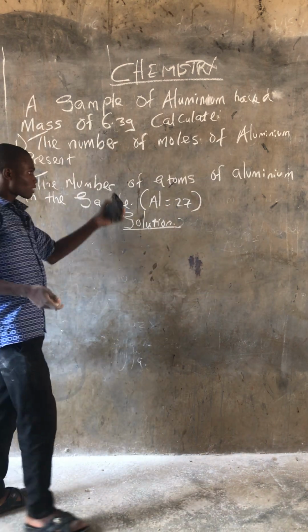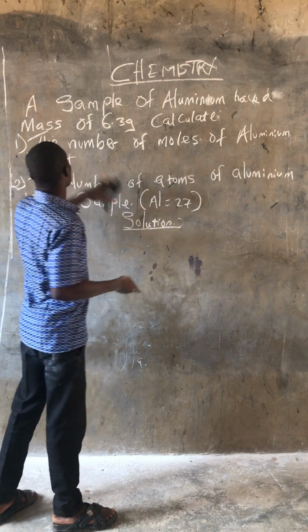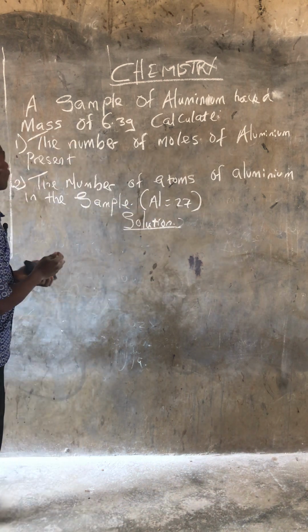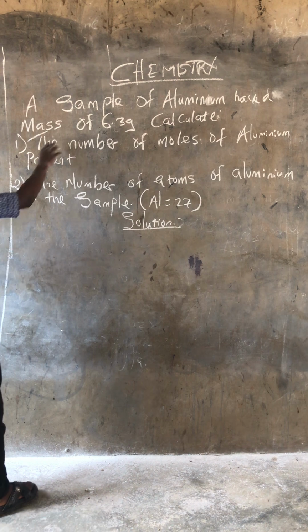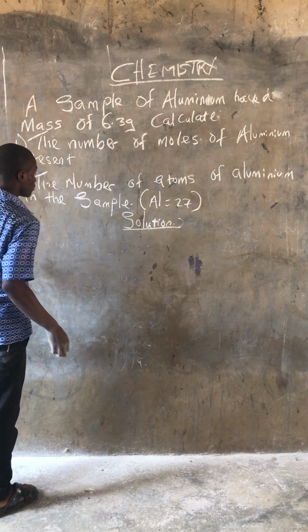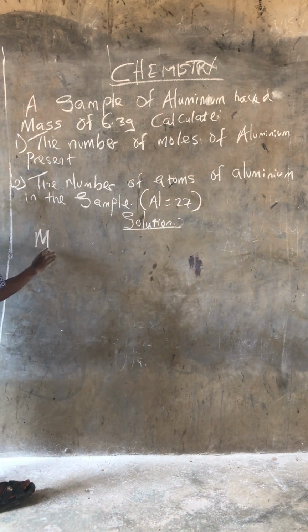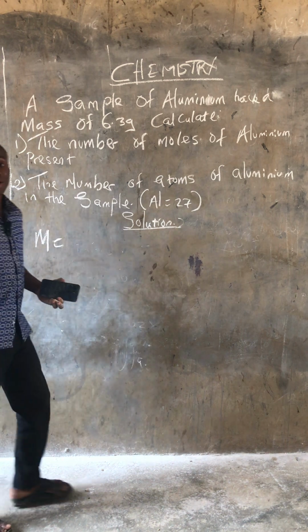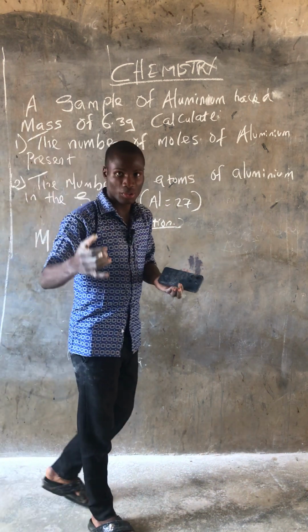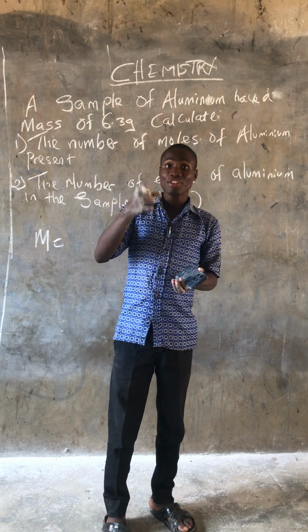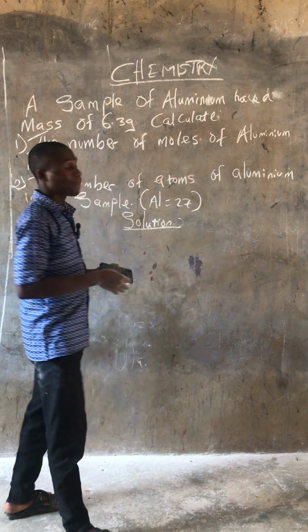So let's look at the parameters given to us. We are given the mass of the aluminum sample. Whenever you want to solve any question, in chemistry or in physics, first list out the parameters.